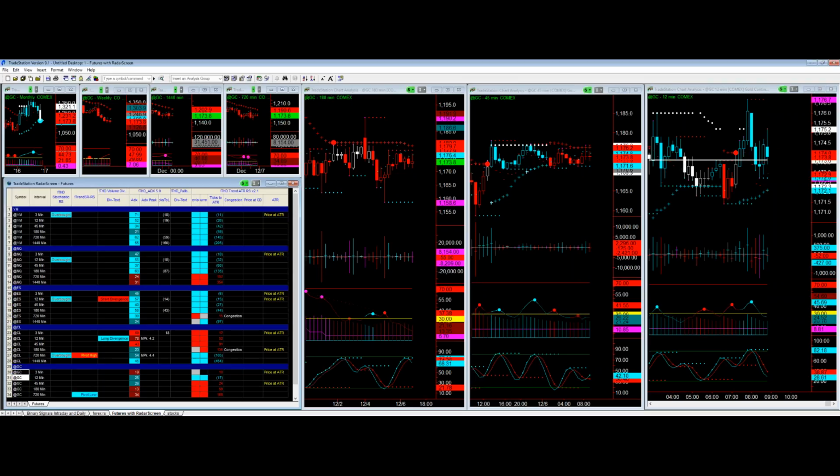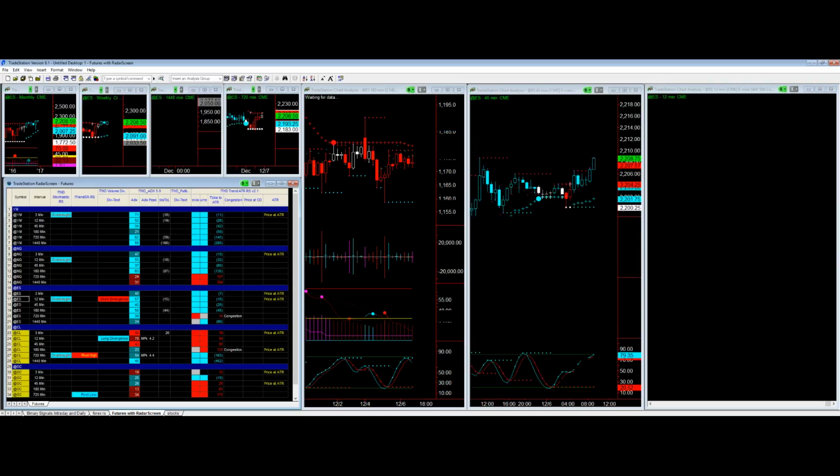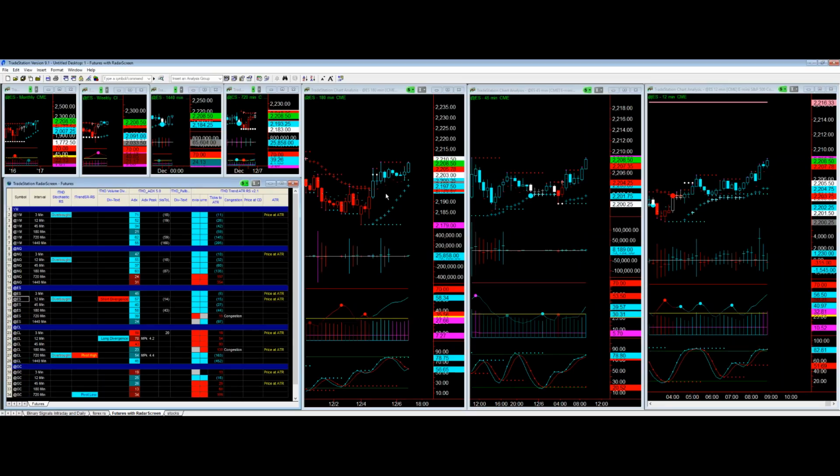Gold is not one I trade a lot because it closes at 130. And see, this is a classic example of volume decreasing on the highs.